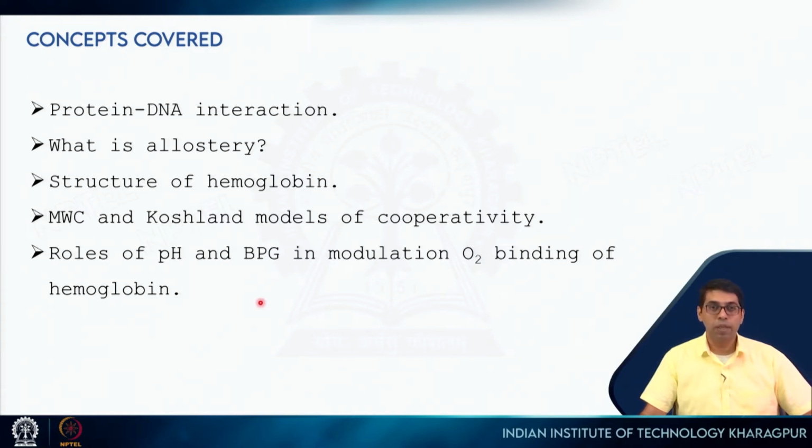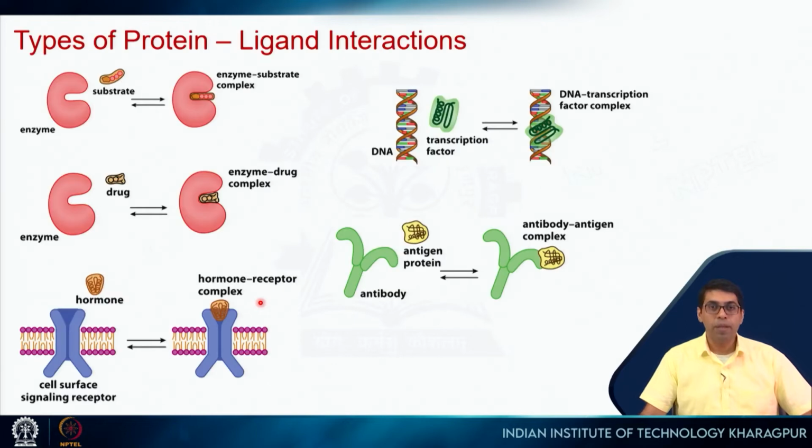oxygen binding to hemoglobin. We have already seen in the previous lecture slide that there are different types of protein ligand interactions. It can be protein small molecule interaction, it can be protein interaction as in the case of hormones and cell receptors, or it can be protein DNA interaction. We are going to focus mostly on this.